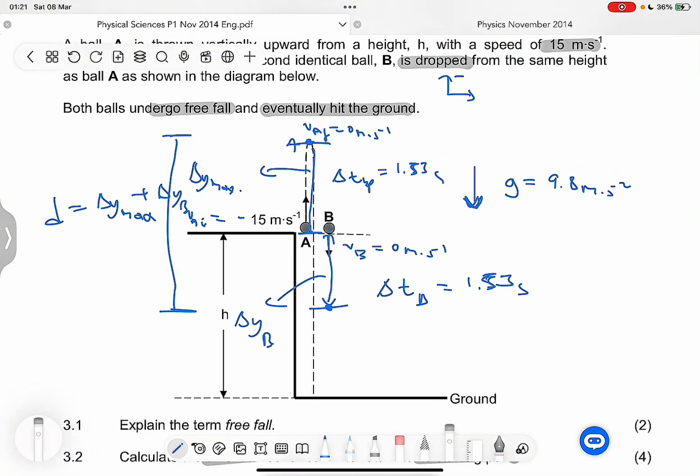This kind of makes sense to me because, if you look at the motion in a different way, if you look at A, when it comes down, it will start with a velocity of 0 and it will go down for the time of 1.5. And when you look at B, it also starts with a velocity of 0 and it takes 1.5 to come down. So these distances will almost be the same. They're almost the same because they take the same time.